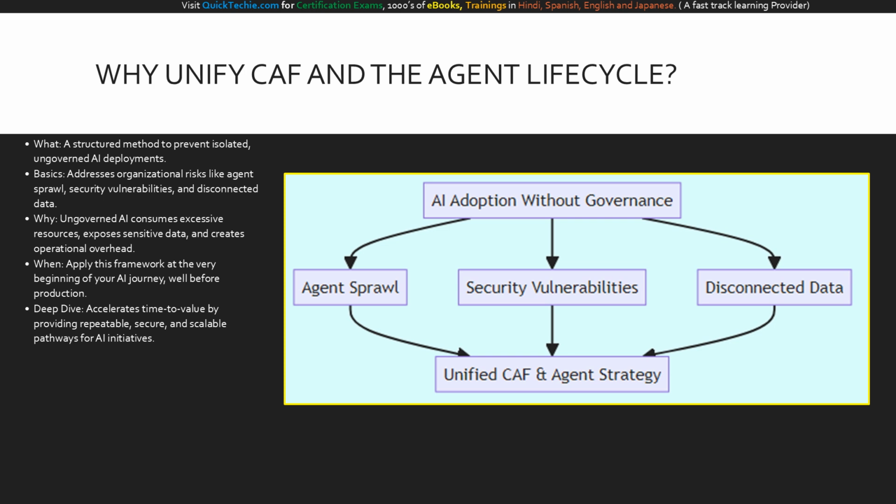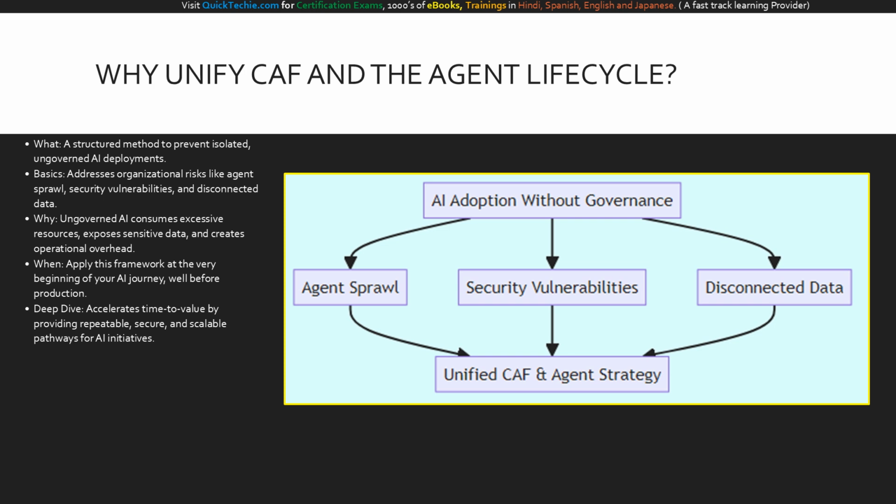The middle branch highlights security vulnerabilities, representing the severe risks of data leakage and non-compliant access when agents operate outside enterprise guardrails. The third branch points to disconnected data, where AI models provide poor or hallucinated answers because they lack access to authoritative, centralized data estates.